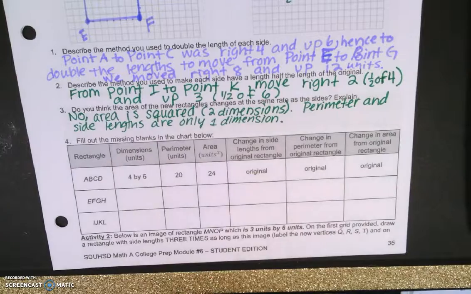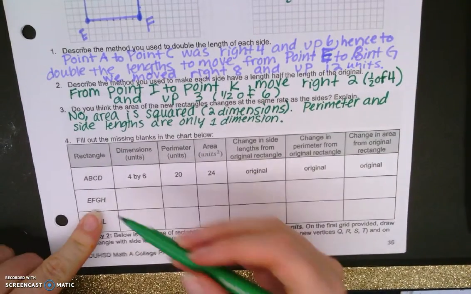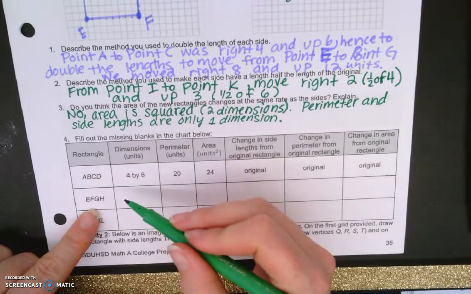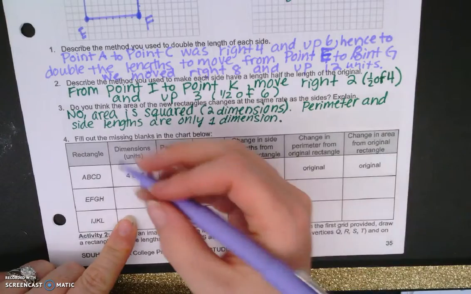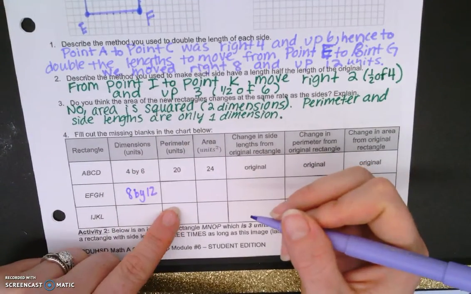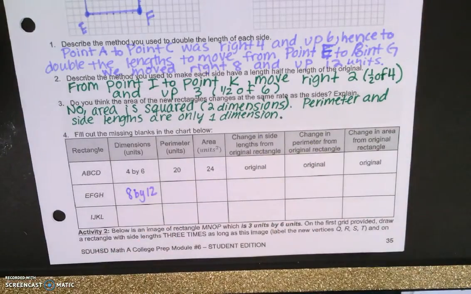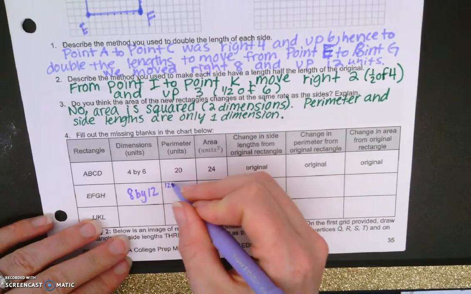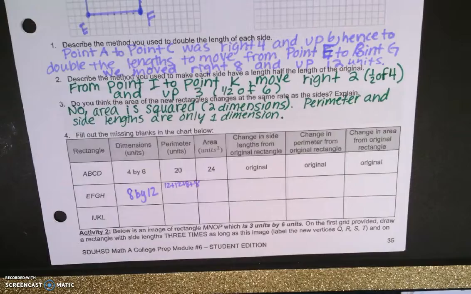These are our different rectangles. These are asking what the dimensions are. Rectangle EFGH was an 8 by 12. And the perimeter, if we added up all the sides, that's going to be 12 plus 12 plus 8 plus 8, which gets us what?